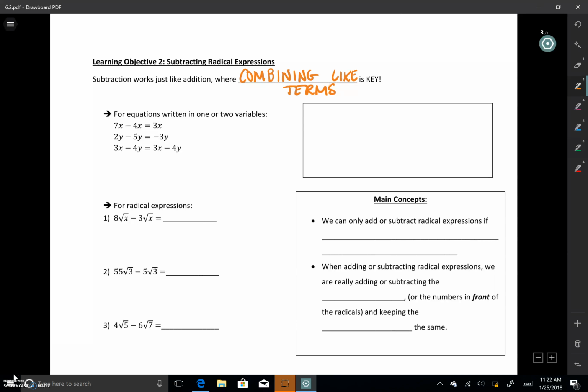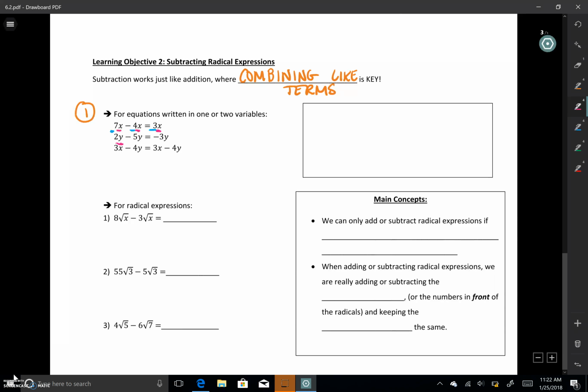So if we take a look at this first example, I gave you 7x minus 4x, 2y minus 5y, and 3x minus 4y. Those are actually the same examples as before, it's just they're subtraction now instead of addition. So for this one, I have x's, so I subtract my coefficients. 7 minus 4 gives me 3, I keep the x term. In the second one, do I have the same variables?